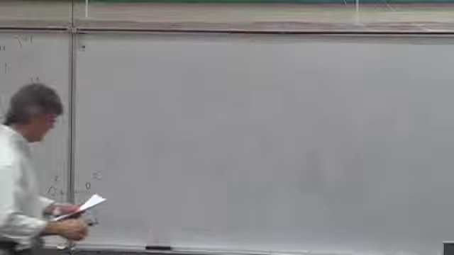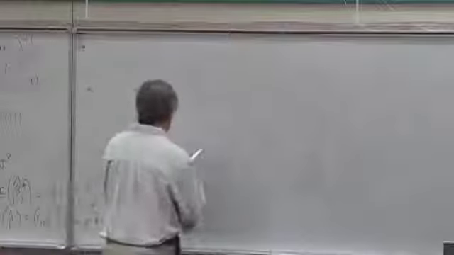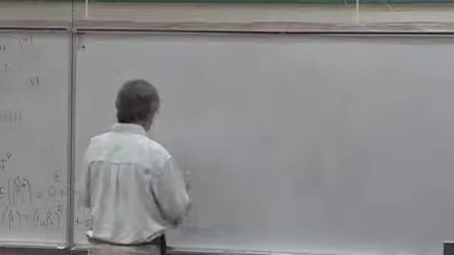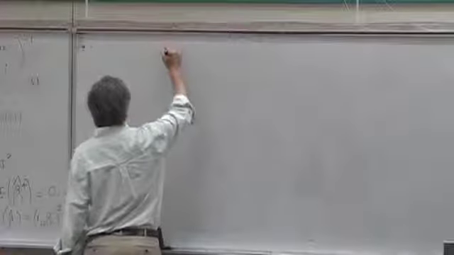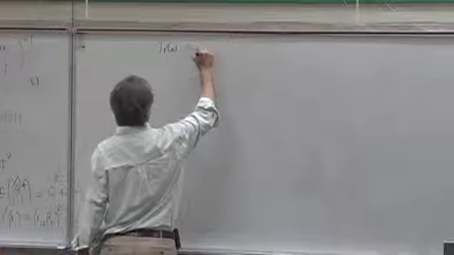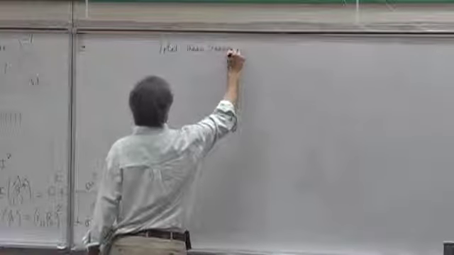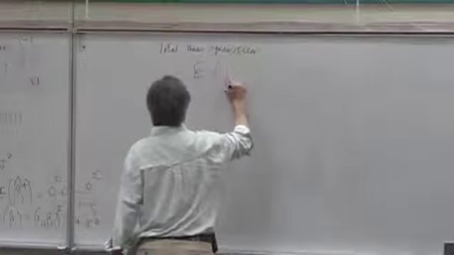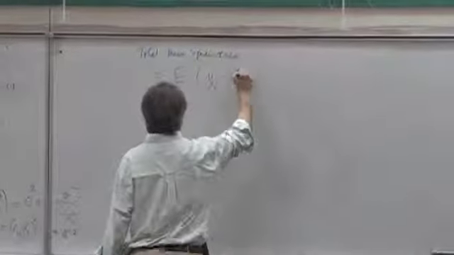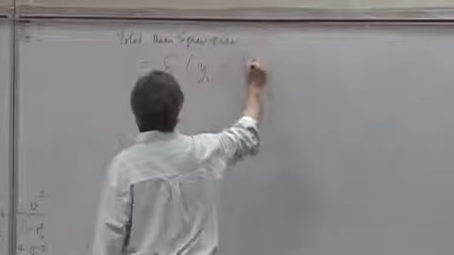What's the Cp? Well, what I'd like to do is minimize the total mean square error. So I'm going to define the total mean square error as the summation of the expectation of (yi minus yi hat) squared.